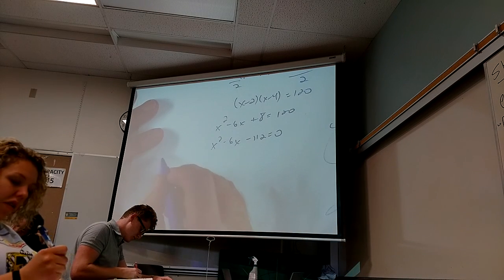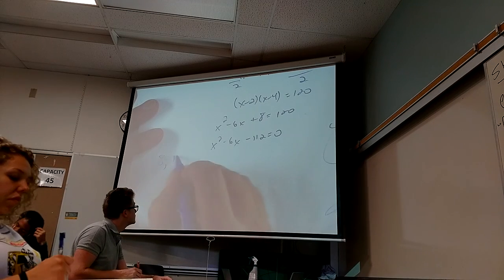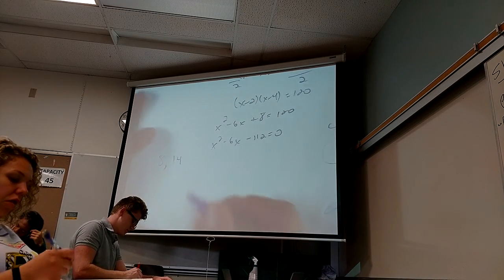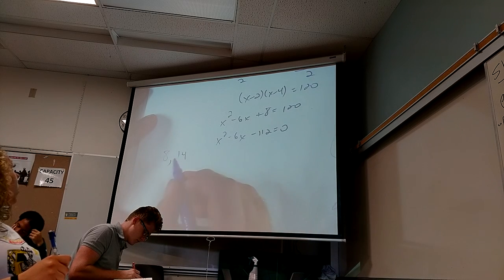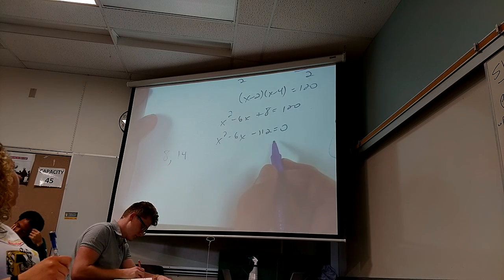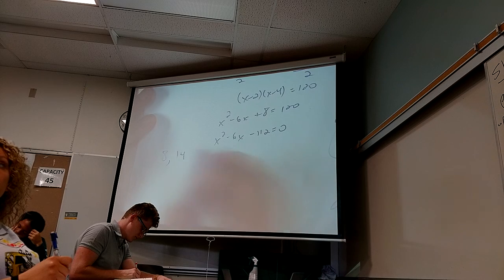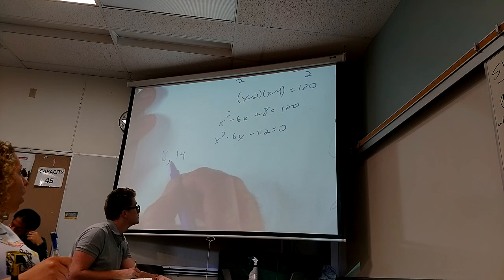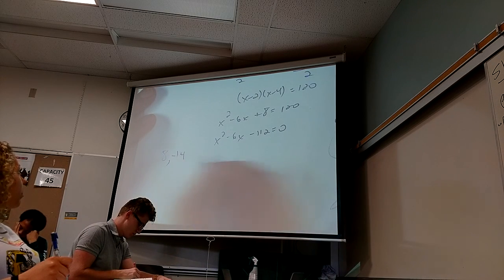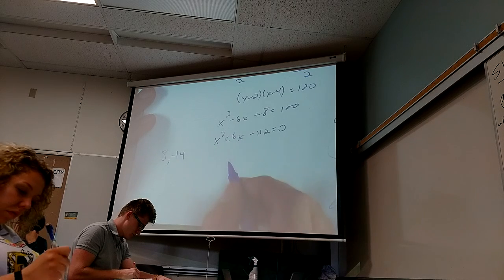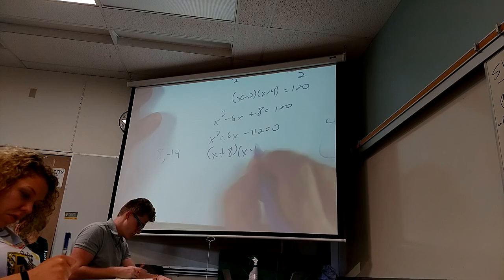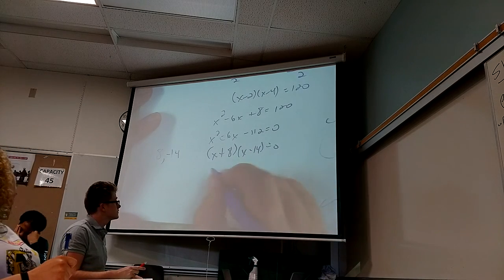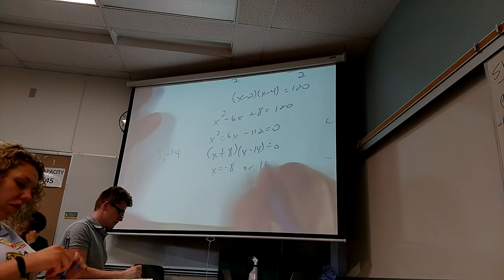So let's see, like 8 and 14. 8 and 14 are 6 apart, and 8 times 14 is 112. Negative. And which one's got to be negative? 14. The bigger one, so that it comes out negative in the end. Right? So I get x plus 8, x minus 14 equals 0. So x is negative 8 or 14.